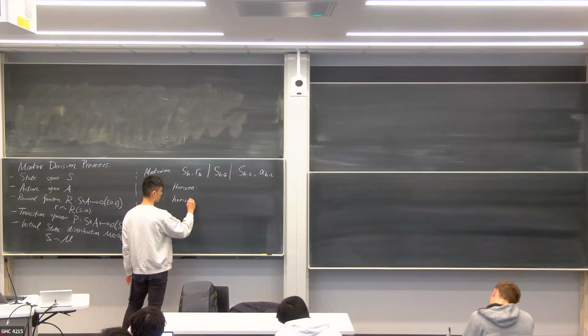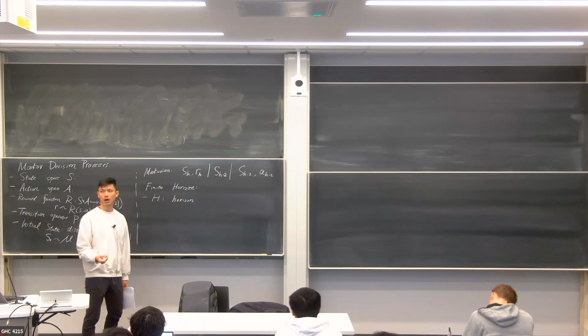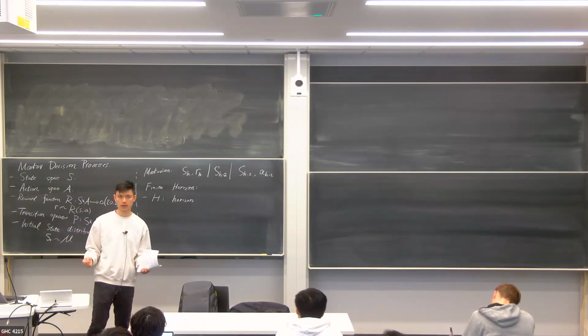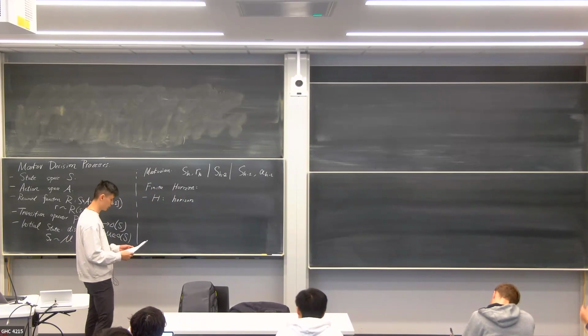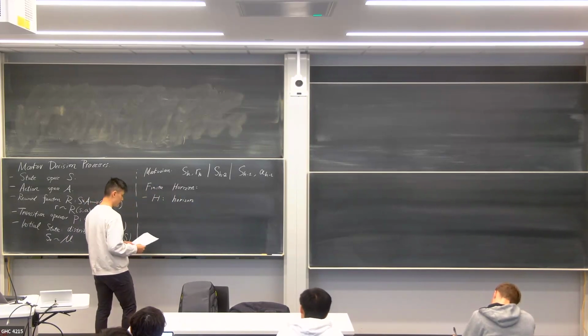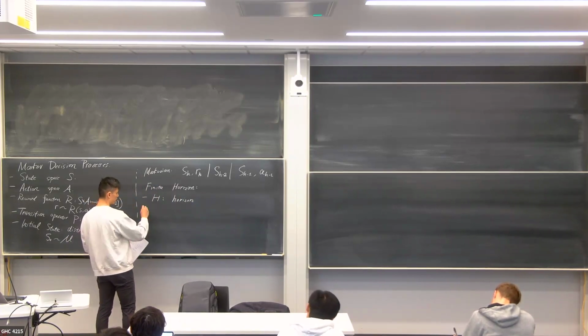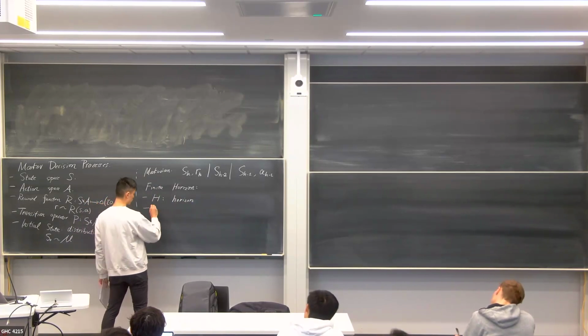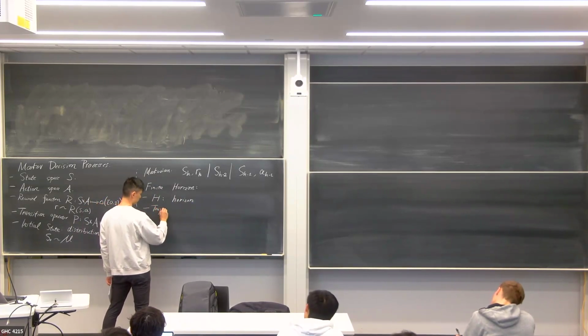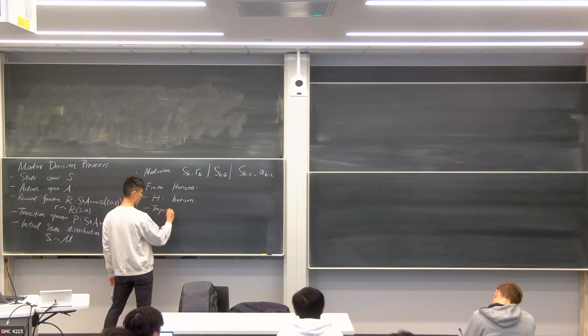So horizon is just how far, what's the total length you're going to engage with some environment or with the MDP. So in general, you're going to think about some sort of trajectory of length capital H.